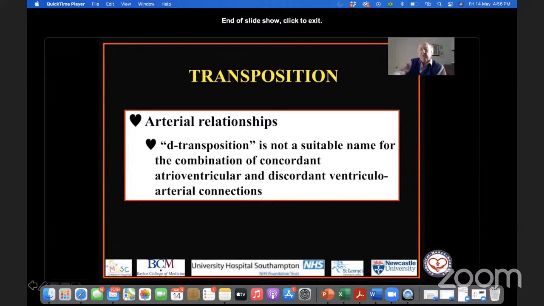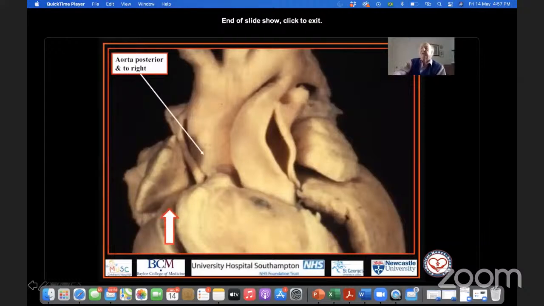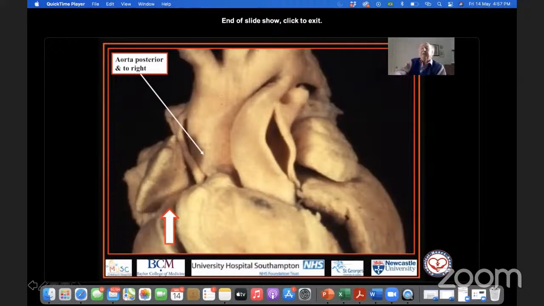So what we also have to remember is that on occasions we can have a posterior aorta. And this is the heart that hopefully Adrian will be showing you live at the end of today's presentation. The aorta is posterior and to the right. The cut tells you it is arising from the morphologically right ventricle, so you know there are discordant ventricular arterial connections.